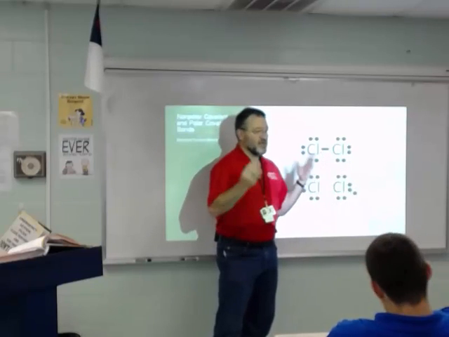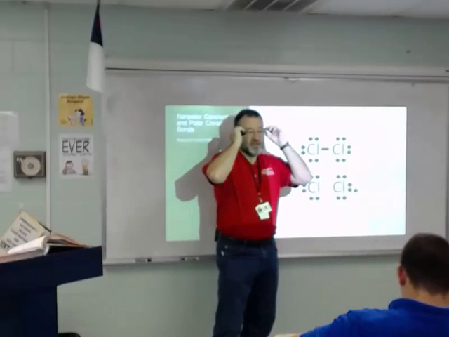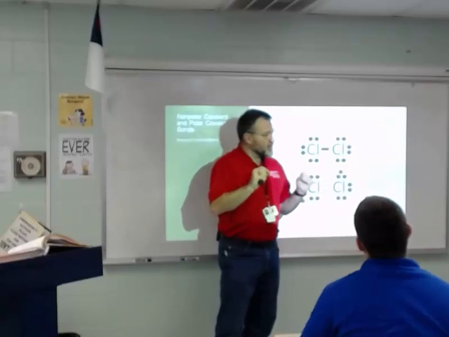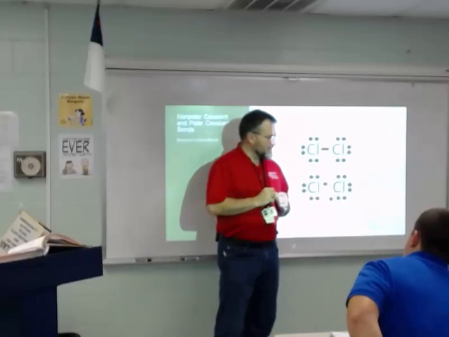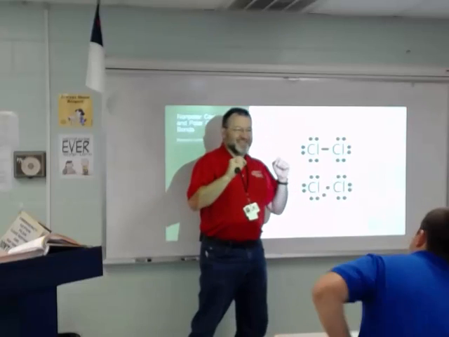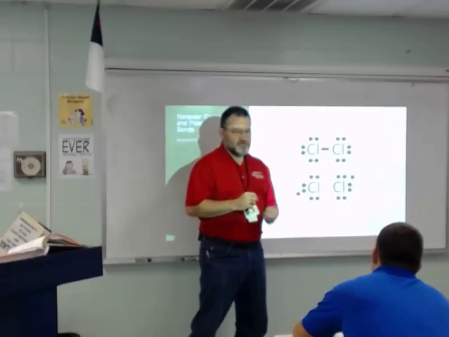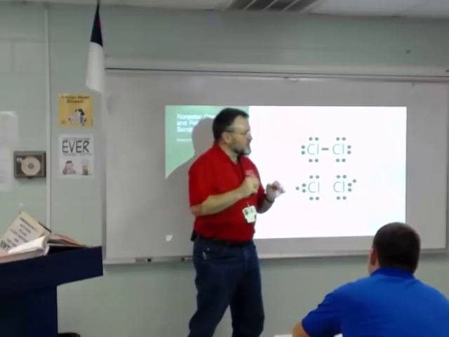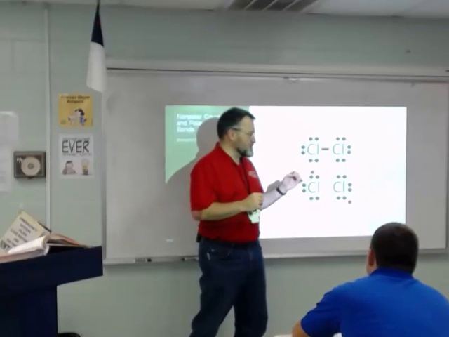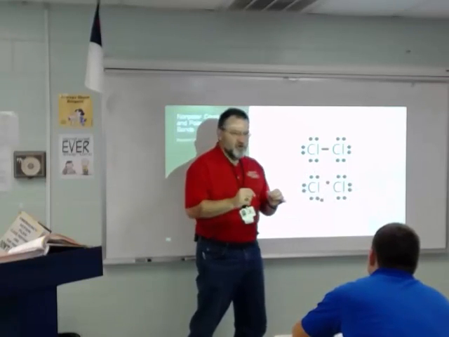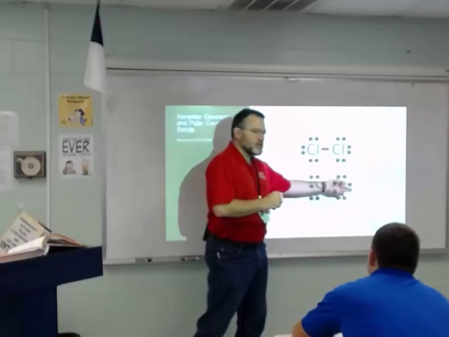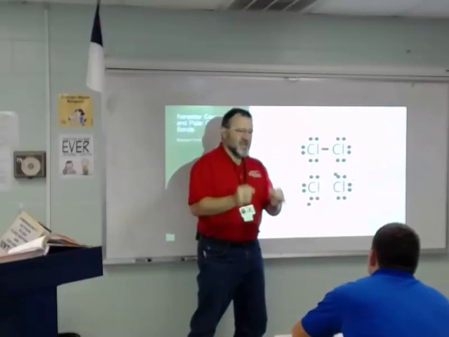Chlorine and chlorine, they both have the same exact electronegativity. Because they both have exactly the same electronegativity, they both exert exactly the same amount of force on the shared electrons. And because they both exert the same exact amount of force on the shared electrons, the electrons are around each of the chlorine atoms the same amount of time.